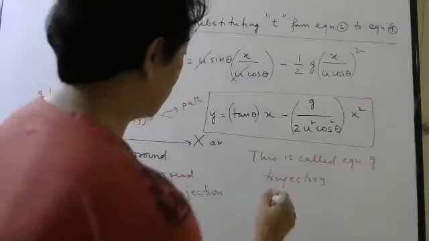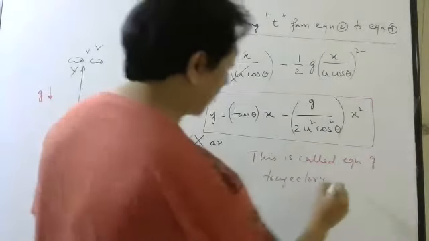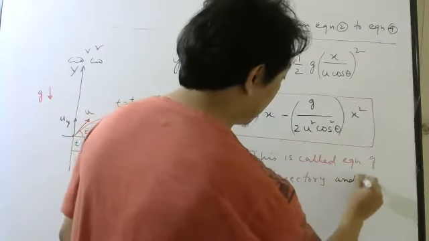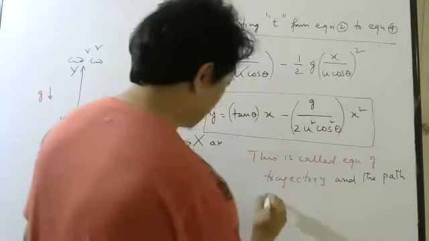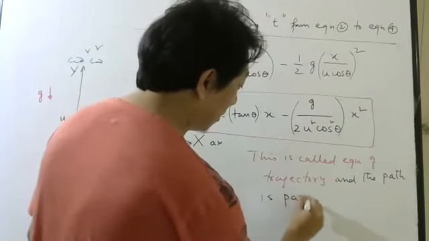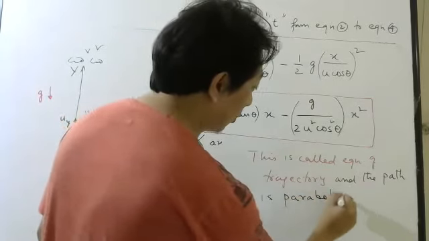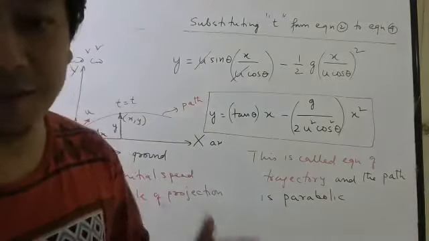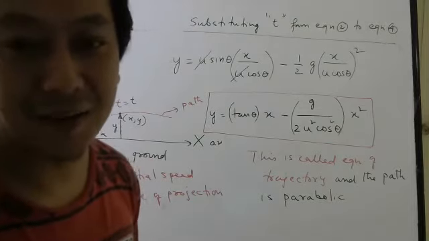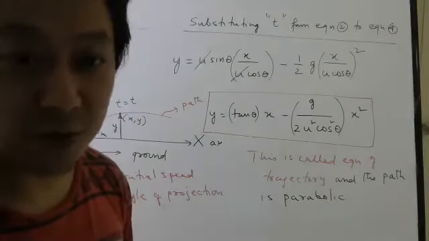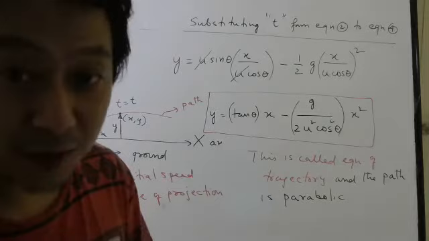Okay. So this is called equation of trajectory and the path is parabolic. Some of you yesterday, if you remember, you told me when I gave you the example of a football is thrown at some angle, what kind of path it will follow. Some of you told parabola. But how do we know it is parabola?